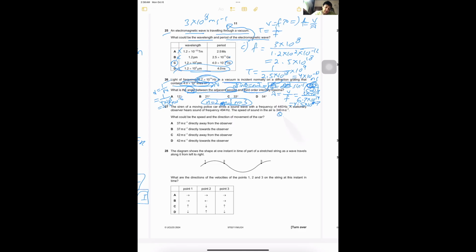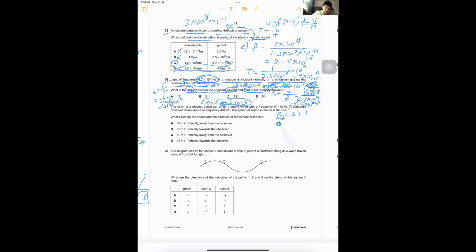I will just do it in my calculator. Theta at n equal to 2 is sine inverse of 2 into 4.5 into 10 to the power minus 7 by d, which is 2.5 into 10 to the power minus 6. The angle is 21.1.